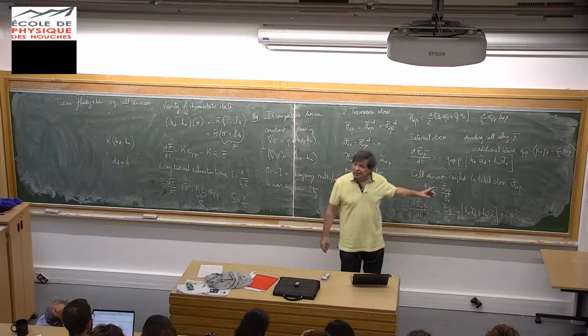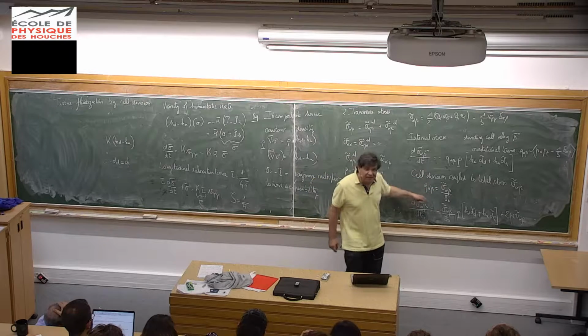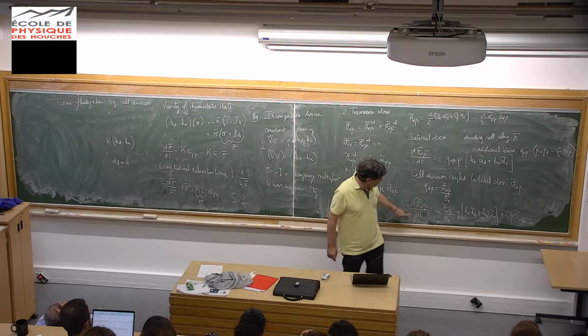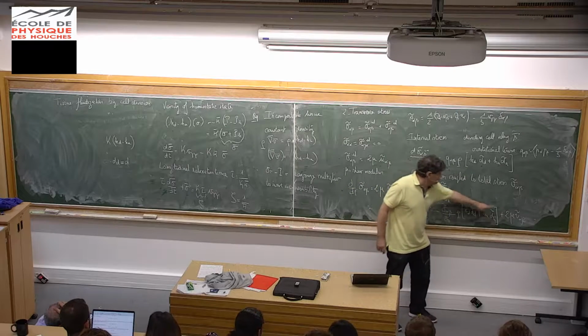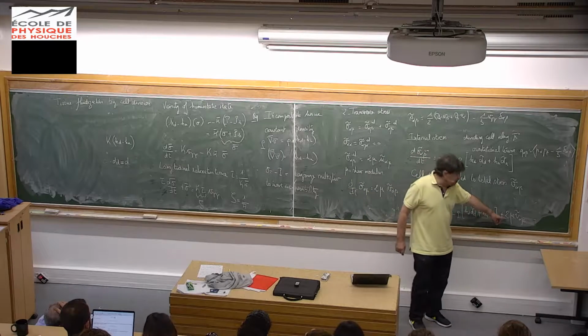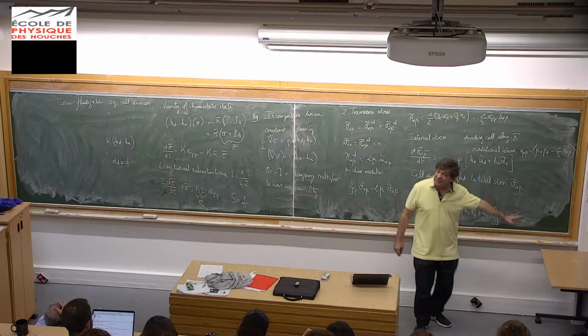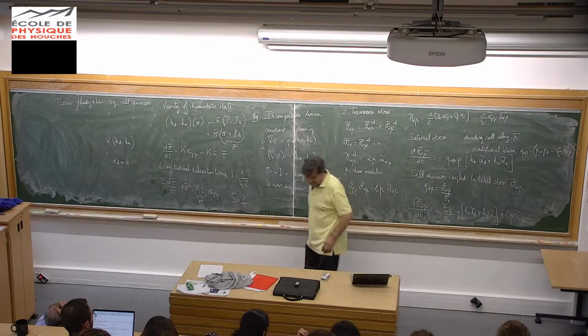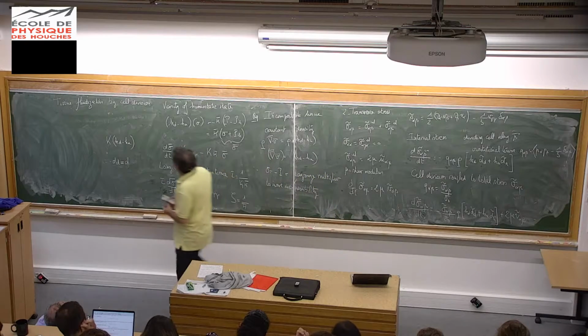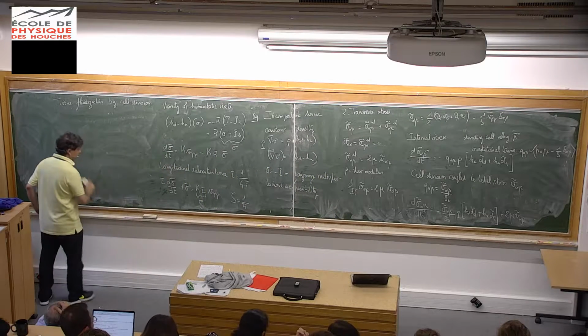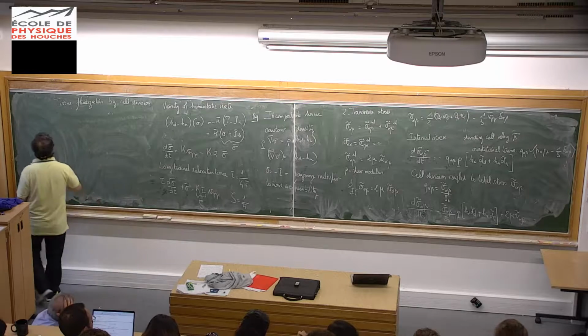So I play the same trick as before, and I get the same Maxwell equation. The stress has a relaxation time, which is all of that, and a term which is proportional to V alpha beta, so there is a viscosity in there. So let me write it by introducing the relaxation times. I will write the Maxwell equation.